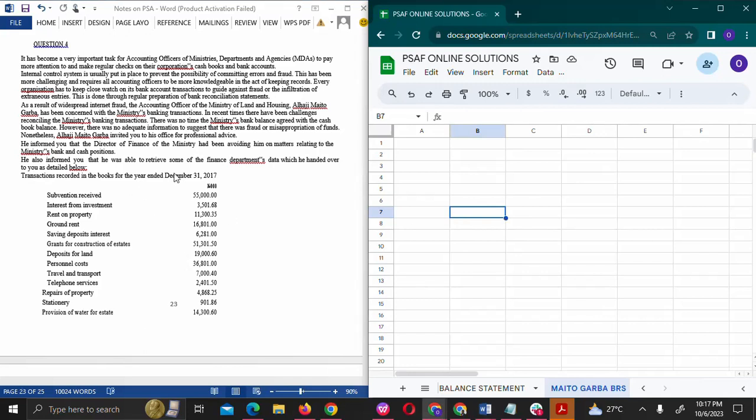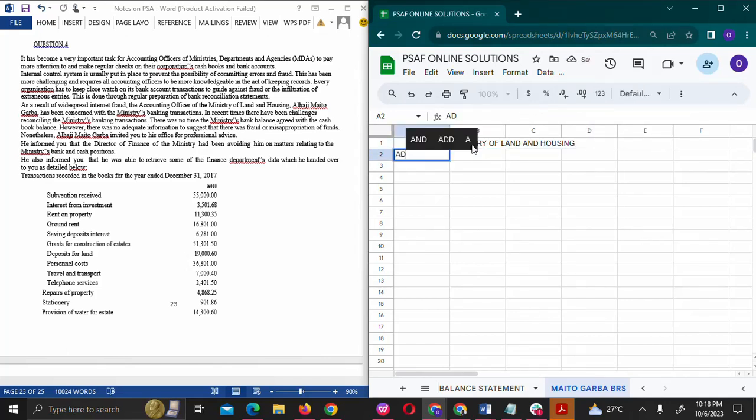So what's the name of the ministry? Ministry of Land and Housing, I guess. Ministry of Land and Housing.